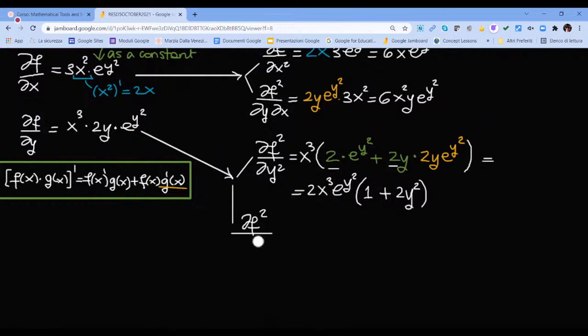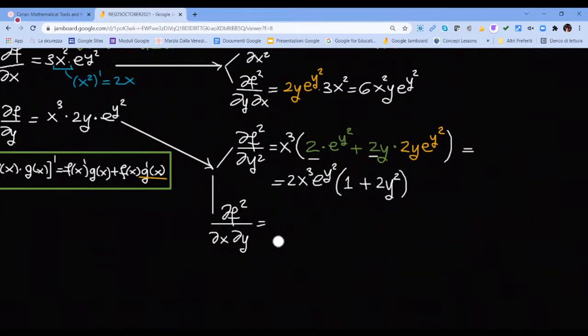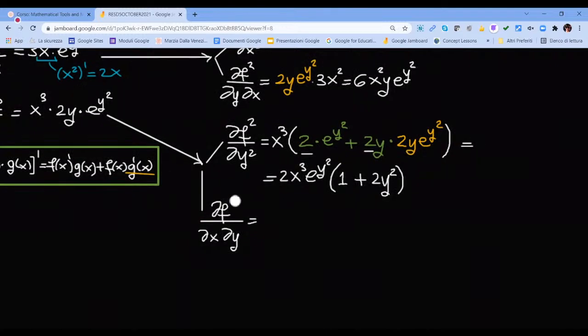Take the derivative with respect to y, and we derive with respect to x. So what is this? We have to take again this one, but this time it is easier because the derivative with respect to x will be computed only by considering x cubed as depending on the variable x, and all the rest will be something that is considered as a constant.